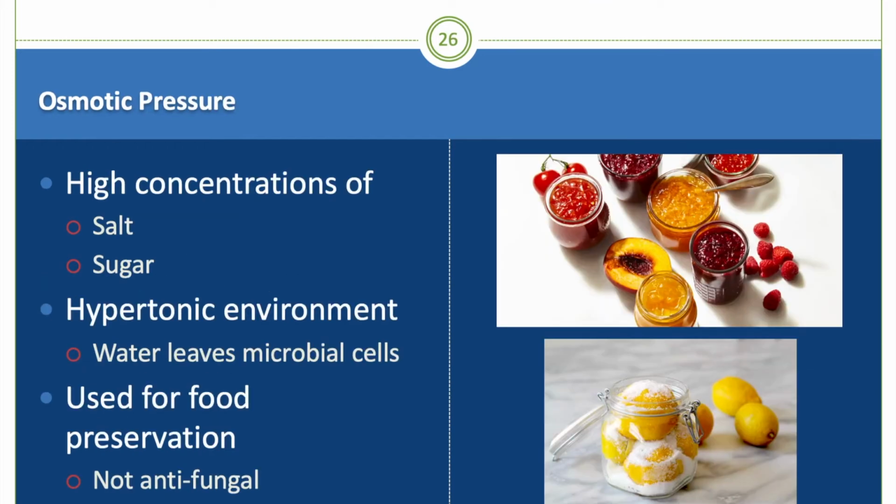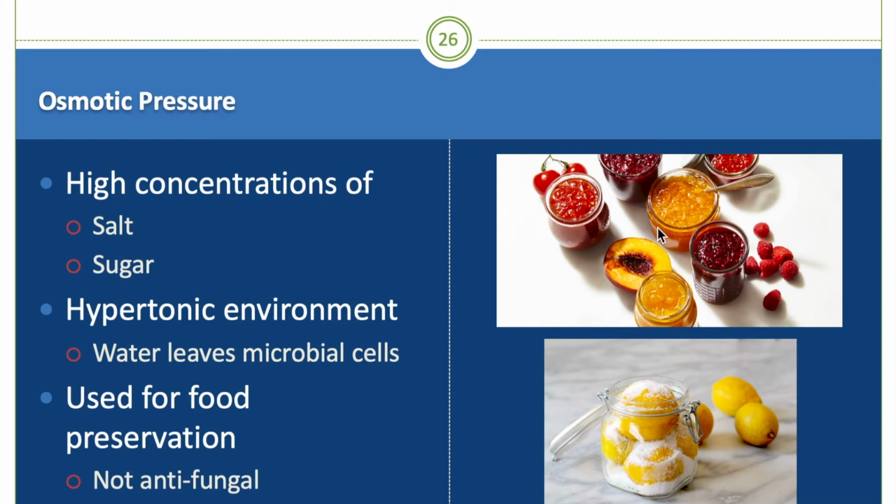Osmotic pressure operates in a similar way, but it uses the concept of hypotonic and hypertonic solutions, or osmosis. So you have a high concentration of salt or sugar, and then you have a hypertonic environment. So water is going to leave the microbial cells into the environment.